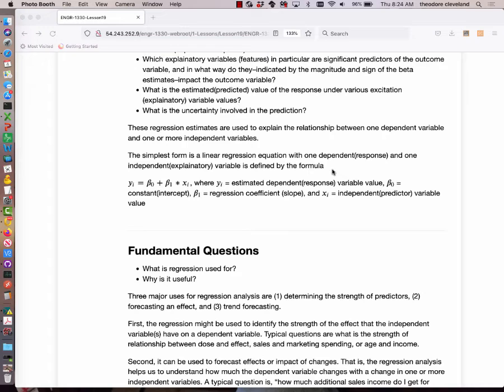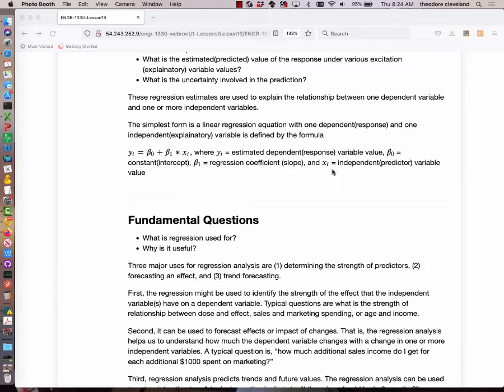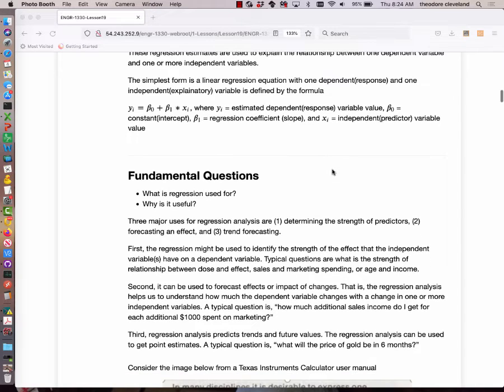So these regression estimates are used to explain the relationship between one dependent variable, the up-down, the y, and one or more independent variables. Here we can only plot x, but we could have at least 24 more letters of the alphabet without having to go to upper and lowercase, subscripting, and so forth. The simplest form is linear regression, which we have played with extensively throughout this semester, and we'll do some more, and one dependent or response variable.